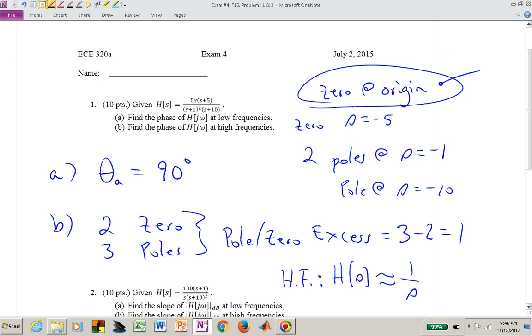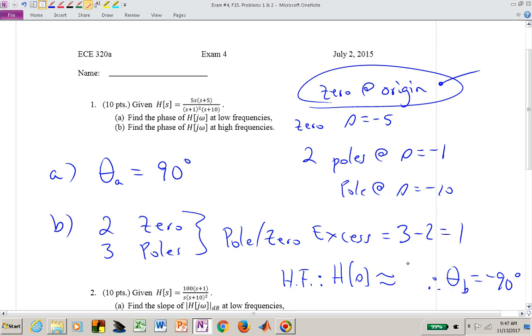And so at high frequencies, the phase, theta sub B, is going to be, since we have more poles than zeros, the phase due to poles is downstairs, that's negative, and we only have one of those. So the answer to part B of this problem is that the phase at high frequencies for this particular transfer function is minus 90 degrees.